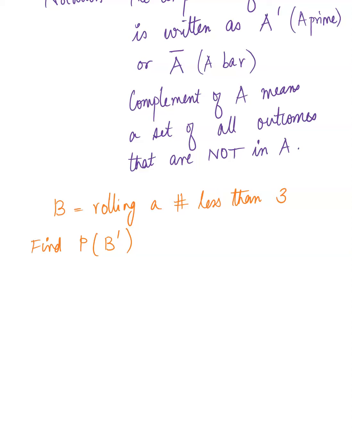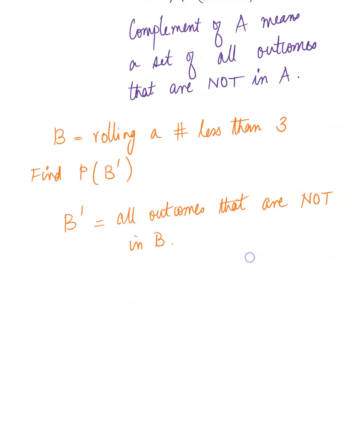Now B prime. So for that, to find the probability, I need to first find B prime. B prime would be everything that is not in B, right? B prime is all outcomes that are not in B, right? For this, let's first list out our sample space once again.